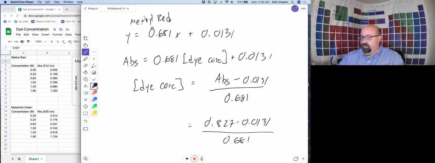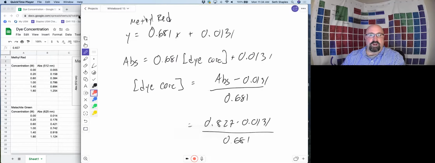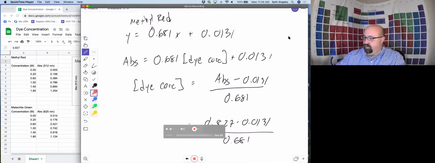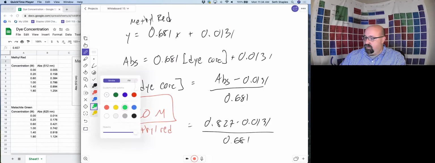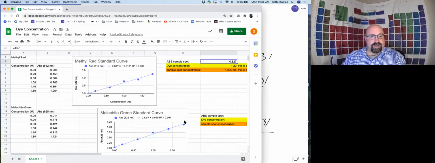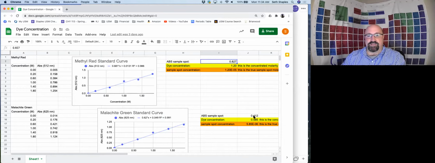We do this and we find a final methyl red concentration of 1.20 molar. And so that was for our methyl red. We can do the same thing for the malachite green. And so we have our calibration curve for our malachite green. We have an absorbance value at the sample spot.